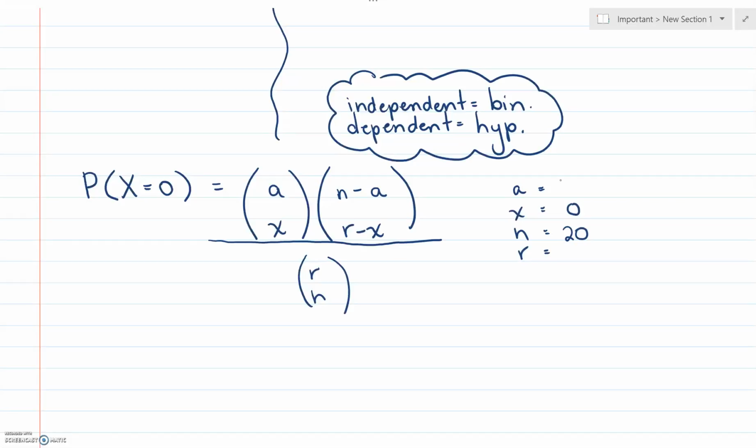So A would represent the total amount of experienced players. So it'd be 15? Yep. And R represents the amount of the non-experienced? Okay. No. R represents the total amount of people on the team. Okay, so that would be 12.